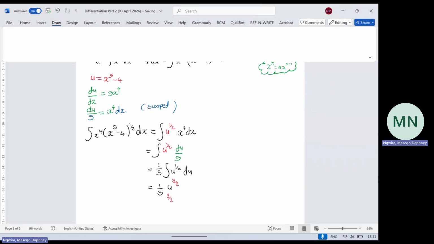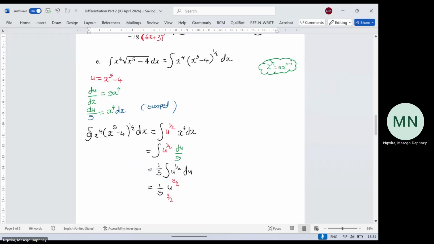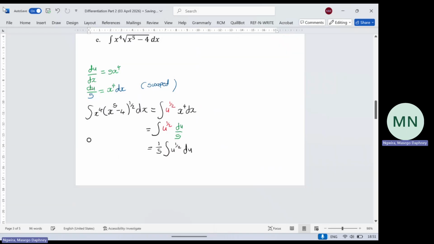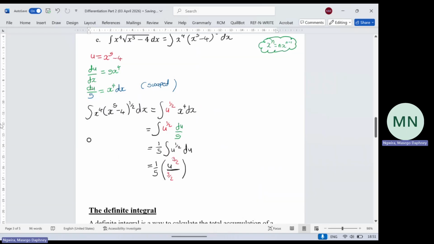Please don't forget it's 1 over 5. And then this is 3 over 2, we got it from 1 over 2 plus 1. It gives you 3 over 2. Let me confirm it also: 1 plus 1 over 2 gives you 3 over 2.